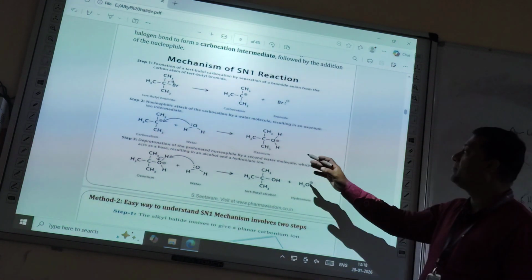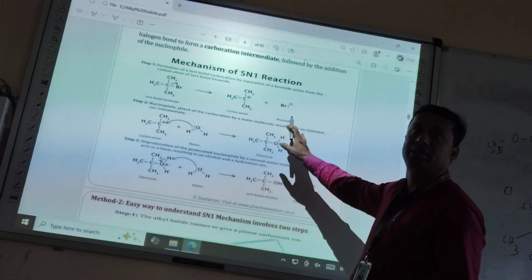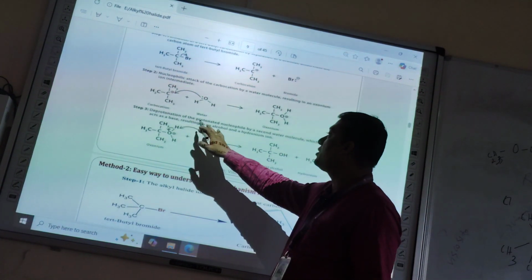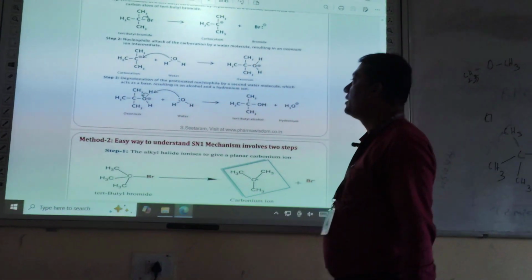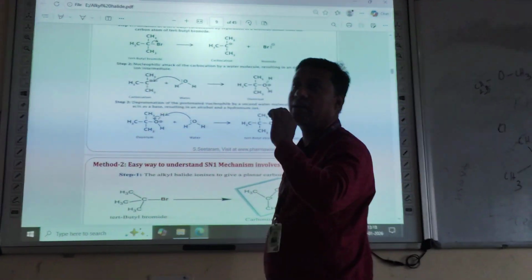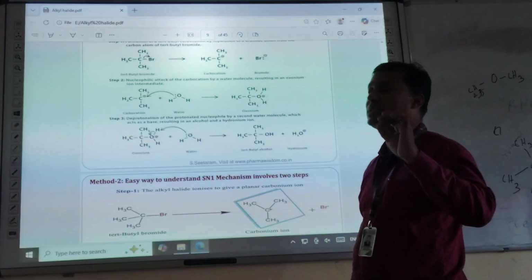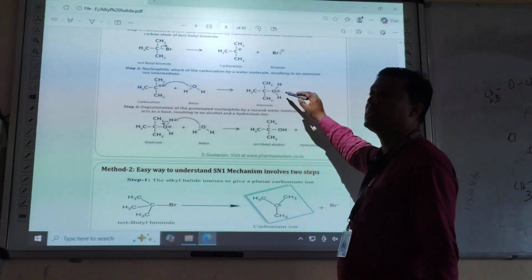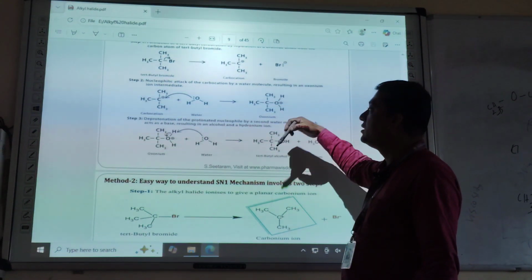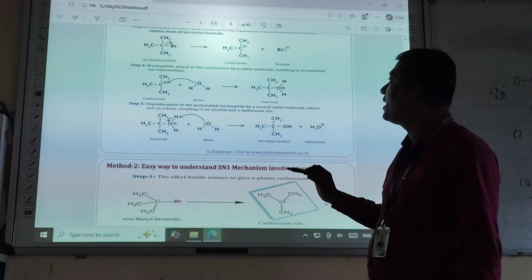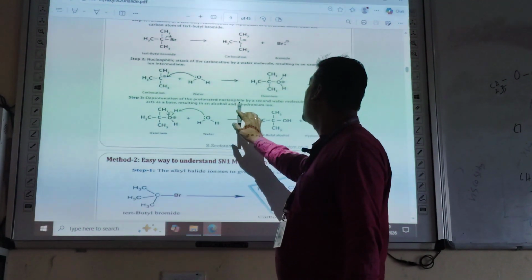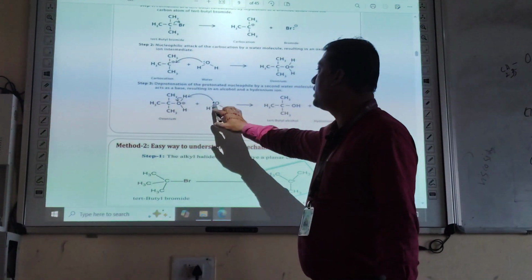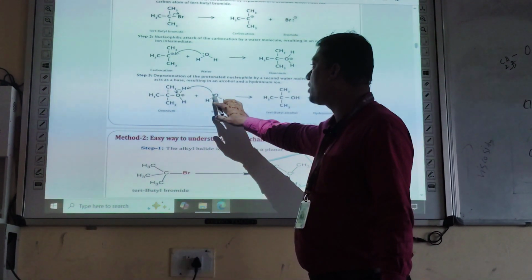This is the oxonium ion. Then in step 3, the deprotonation of the protonated nucleophile. Deprotonation means the positive ion will be removed from the oxonium ion. In the oxonium ion, the oxygen is positively charged. The positive charge will be cancelled by another nucleophile, also a water molecule, with its lone pair of electrons.